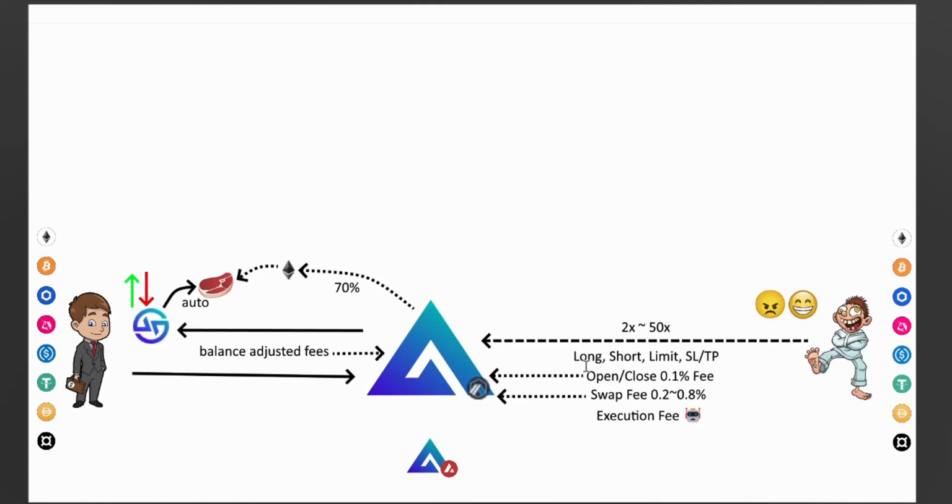Now, moving on. There are lots of fees inside this system, and you have to kind of keep them in mind, okay? Now, the fees do get given back to the users, but let's go through them little by little, okay? So the first fee here is what we call balance adjusted fees. Now, I'm not sure what they call them, but that's what I'm calling them. So basically, anytime he mints or redeems this GLP, he has to pay a fee based on the needs of the protocol.